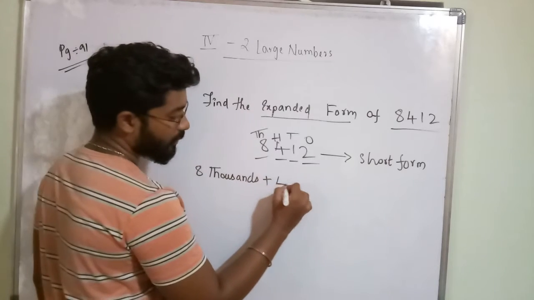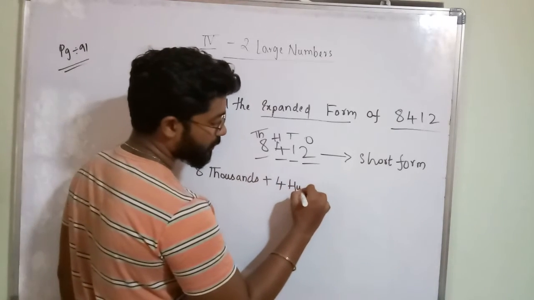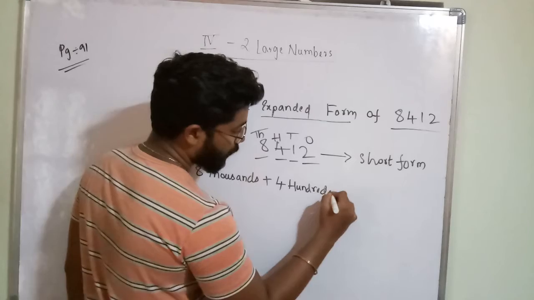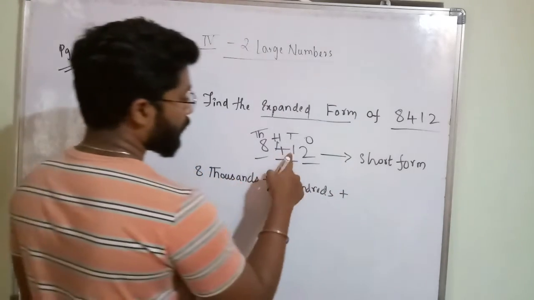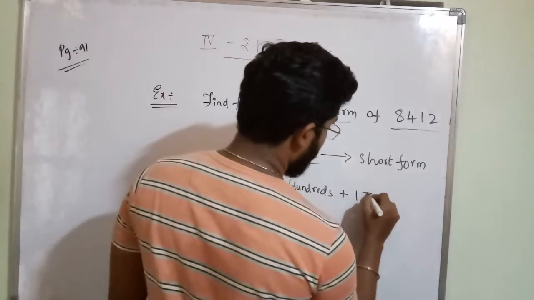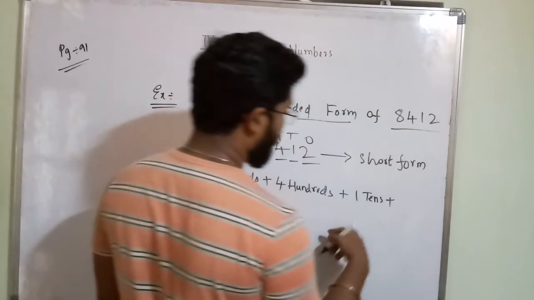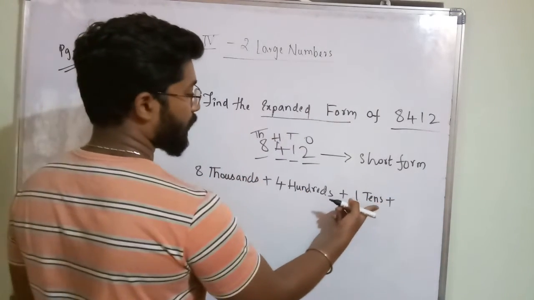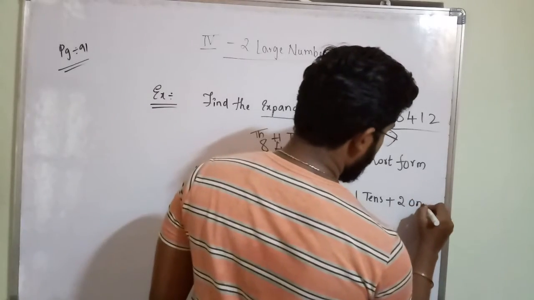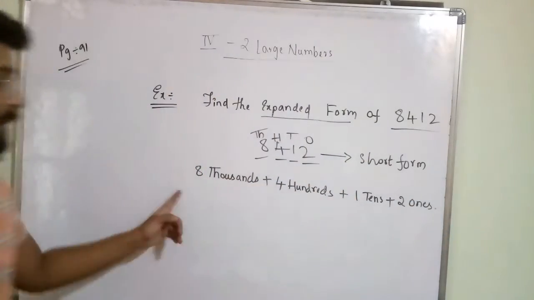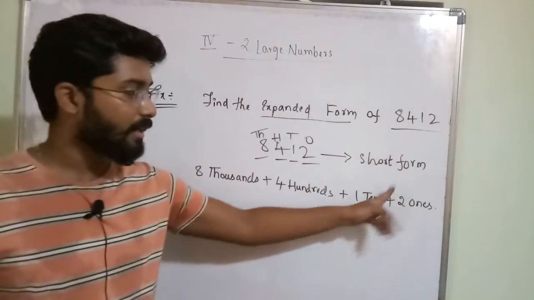Next, 4 is in which place? Hundreds. 4 hundreds is the place value of 4, plus 1 tens. 1 is in tens place, no? So 1 tens is the place value of 1. Next, 2 ones. So 8 thousands plus 4 hundreds plus 1 tens plus 2 ones.